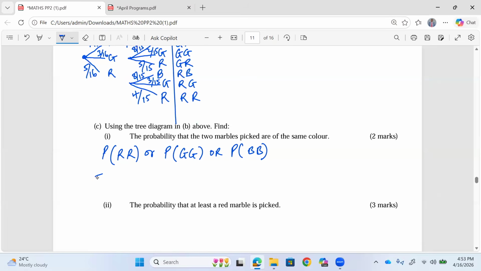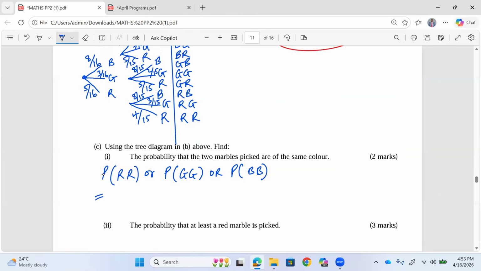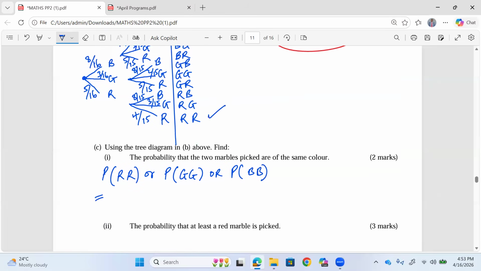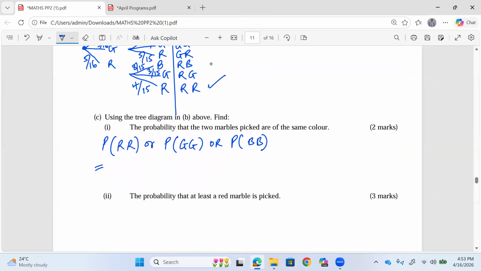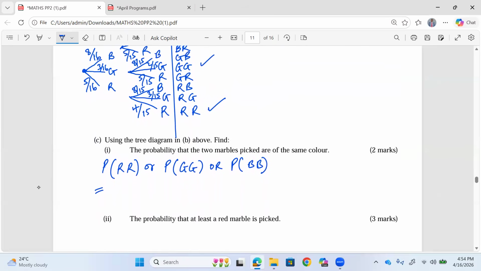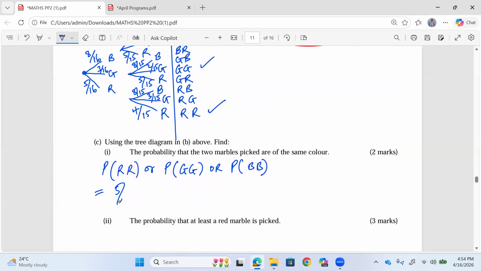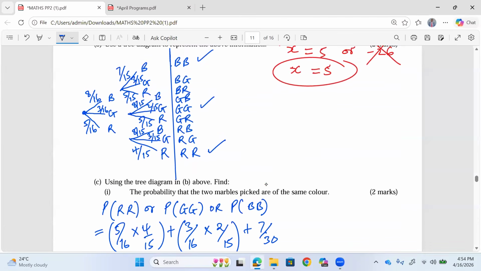So red, red means 5 over 16 and 4 over 15, or green followed by green, 3 over 16 and 2 over 15, or 7 over 30. 7 over 30 is the blue, blue.